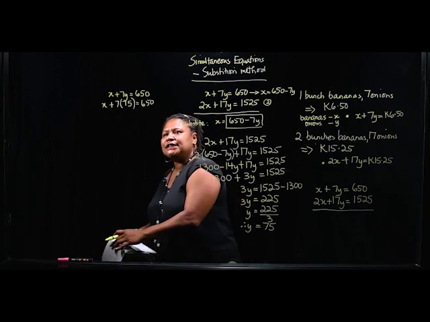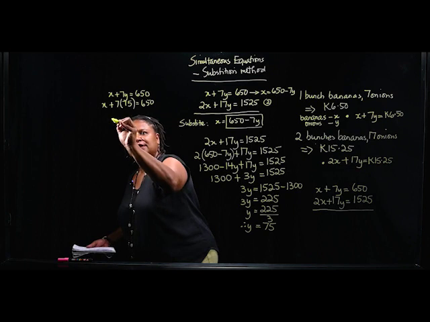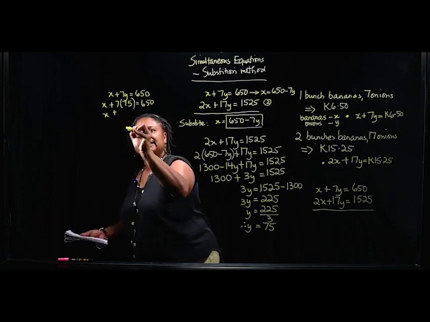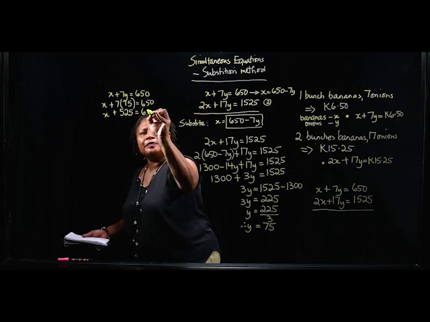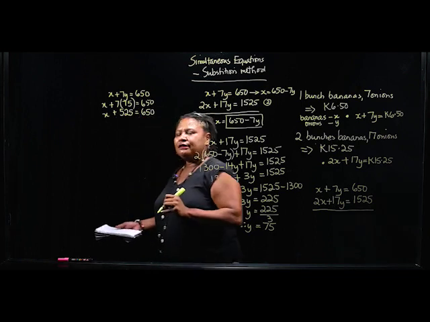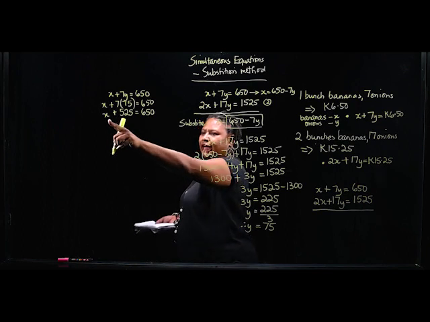Let's see, x plus 7 times 75 is 525 equal to 650. Now we have x.